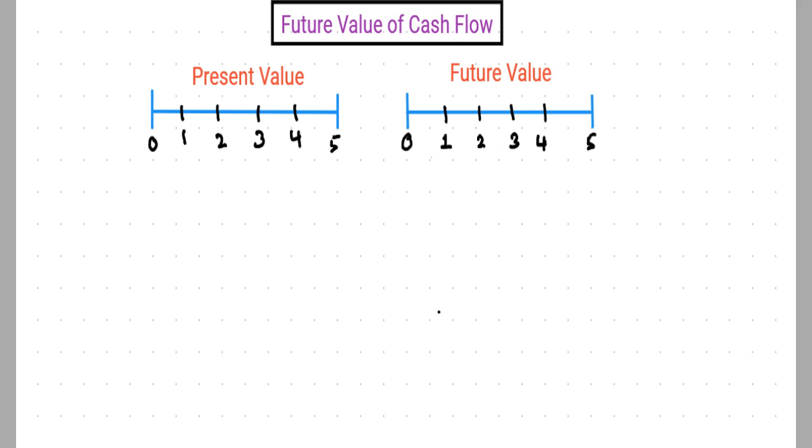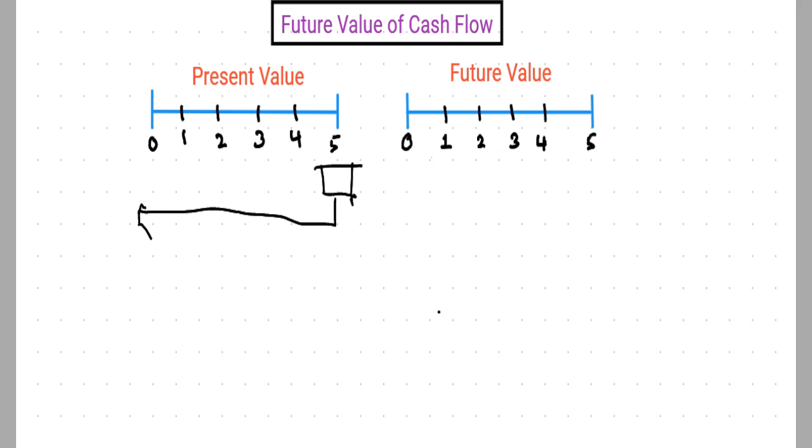So coming back to today's topic, there is the future value of a single cash flow. If you are calculating the present value of a single cash flow, then you have a certain amount of money after a certain period, let's say 5 years. Then you need to discount this amount to its present value at time 0.